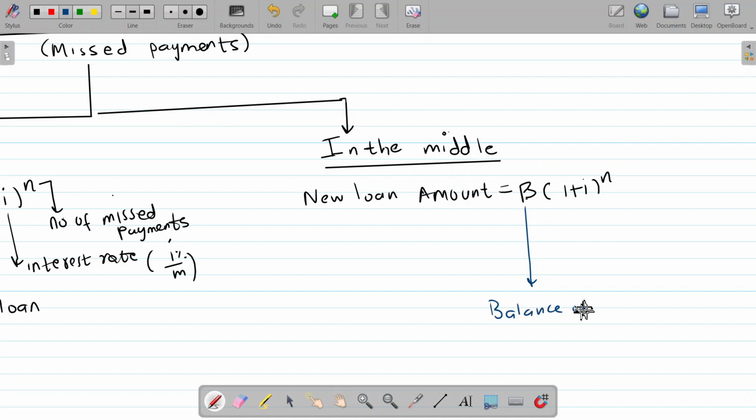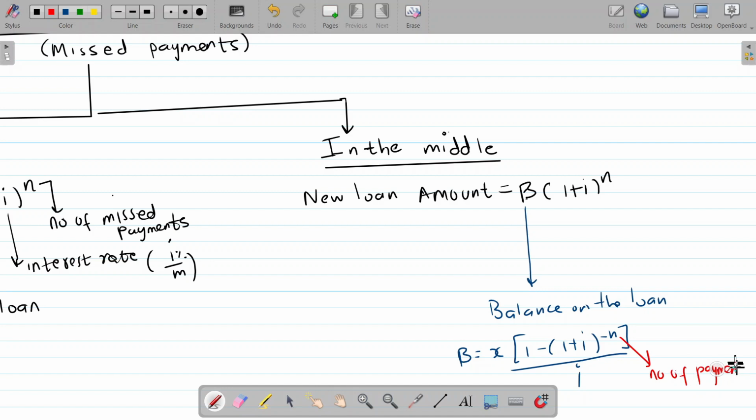So now this is your balance on the loan. Because you are making payments, the balance on the loan is x times (1 minus (1 plus i) to the power of minus n) all over i. So this n over here will be the number of payments you are left with, the number of payments not yet made up until that point where you start missing payments.